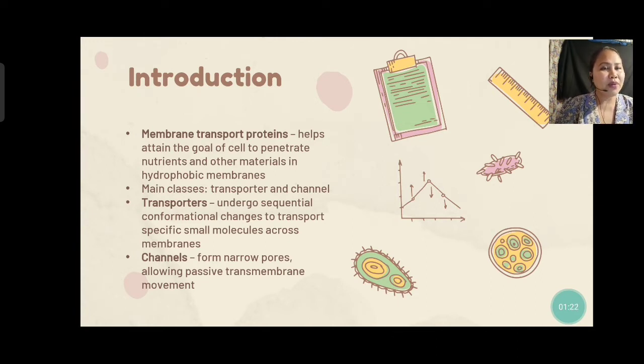For the membrane transport proteins, there are two classes: the transporters and the channels. Transporters undergo sequential conformational changes to transport a specific small molecule across membranes. And channels form narrow pores, allowing passive transmembrane movement. We will know more about these two classes in the next slides of this chapter.